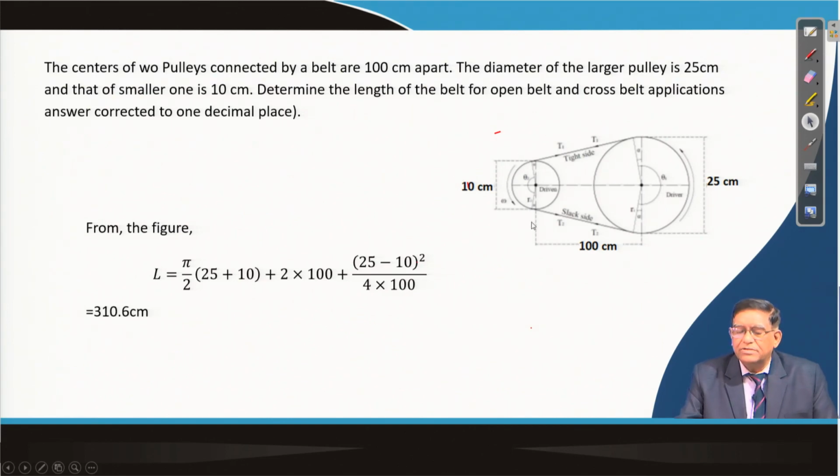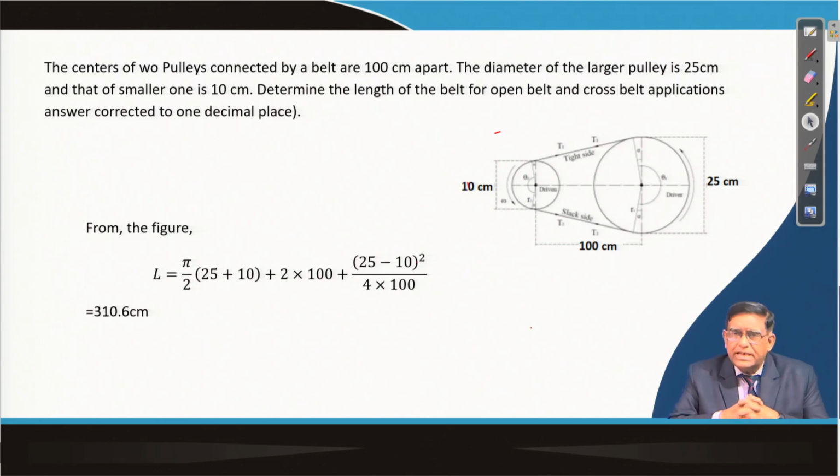The belt length is very important, because in any particular installation, if you want to select a belt drive, there are a number of belt lengths already available in the market. From there you want to select one and put it over here.